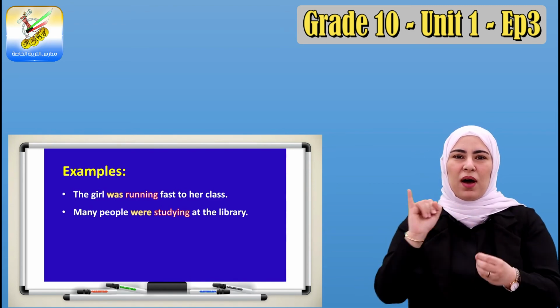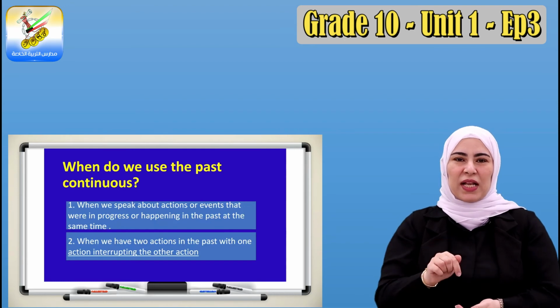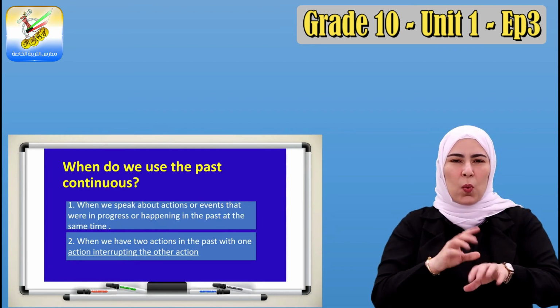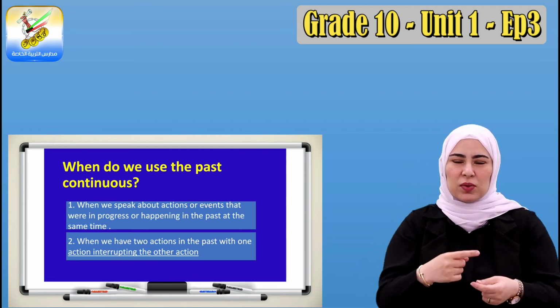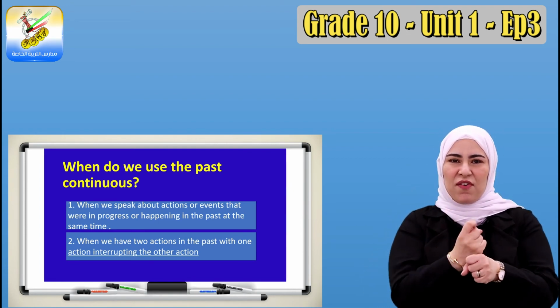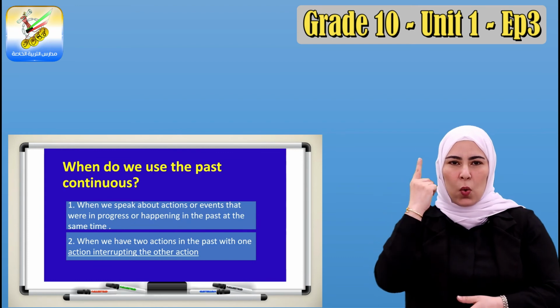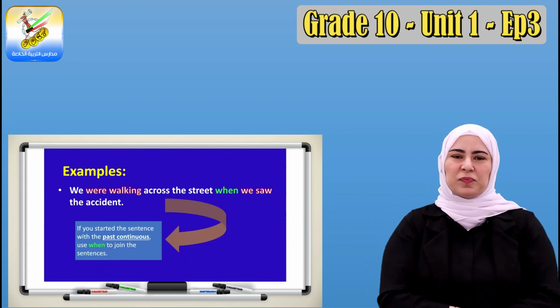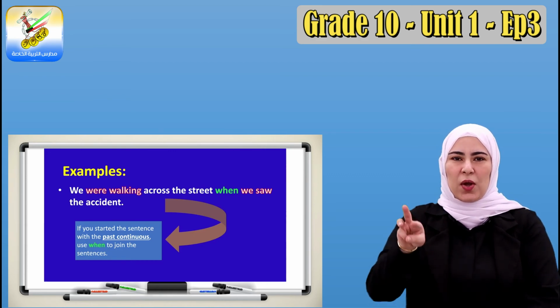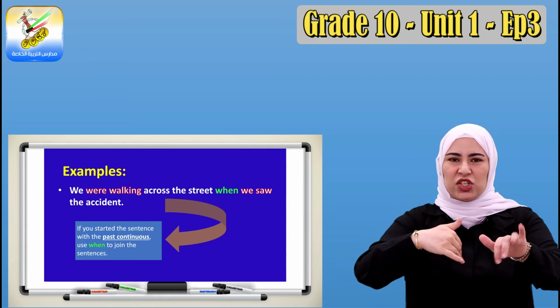Okay? The question is, when do we use the past continuous? We usually use the past continuous when we have two events, both of them in the past, but one event interrupted the other. So for example, we were walking across the street when we saw the accident.